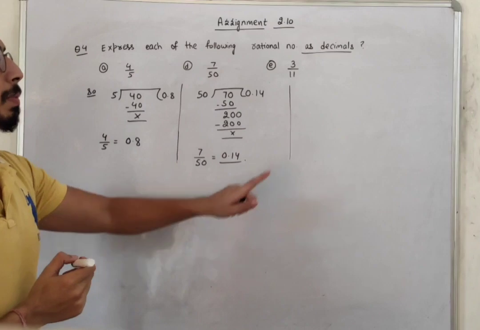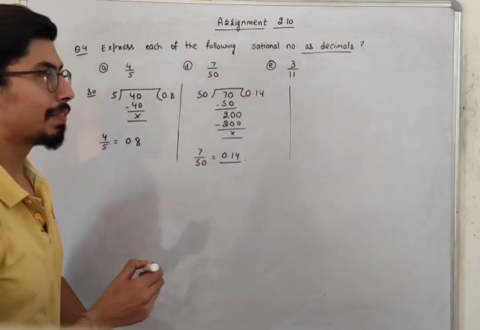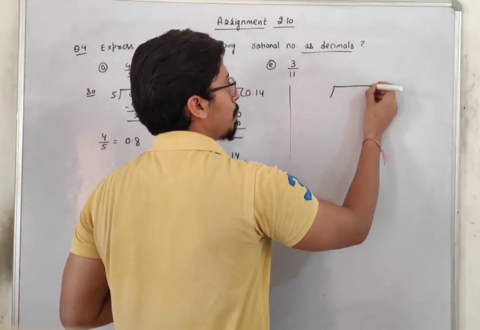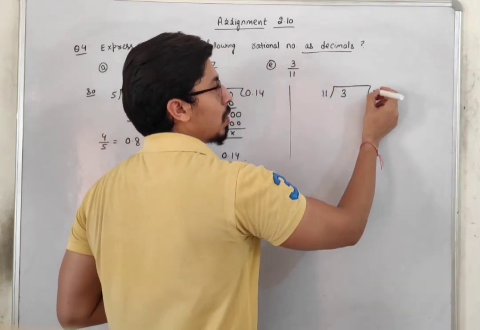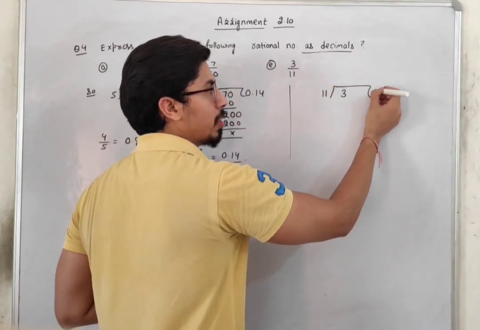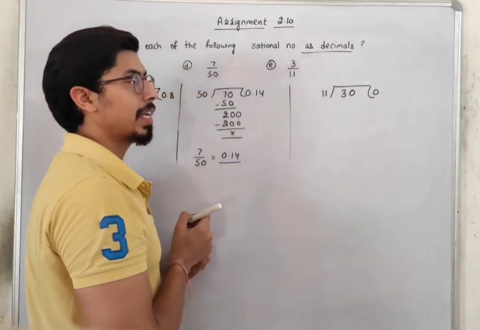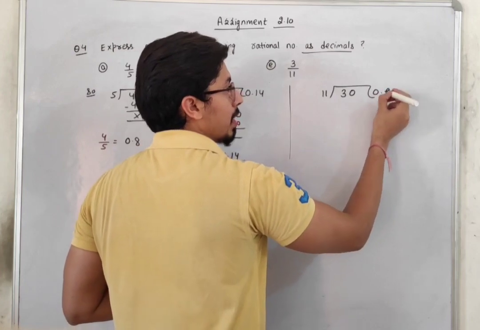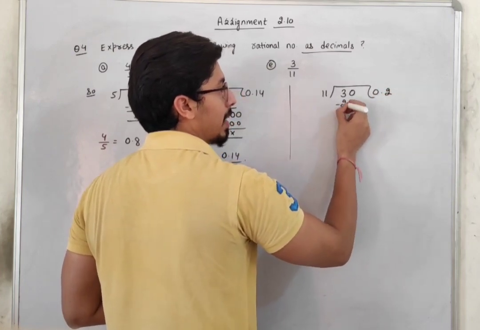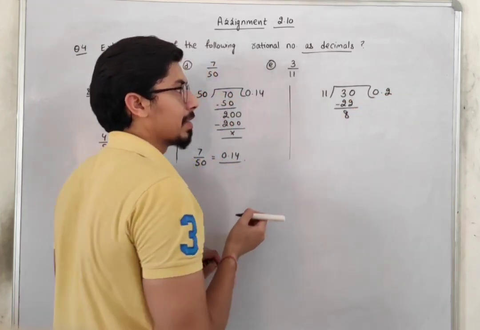Similarly, in our next part, we have 3 by 11, students. So put 3 here and 11 here. 3 is less than 11, so take 0 point, it will be 30. Take 2, it will be 22, and if I subtract, it will be 8.